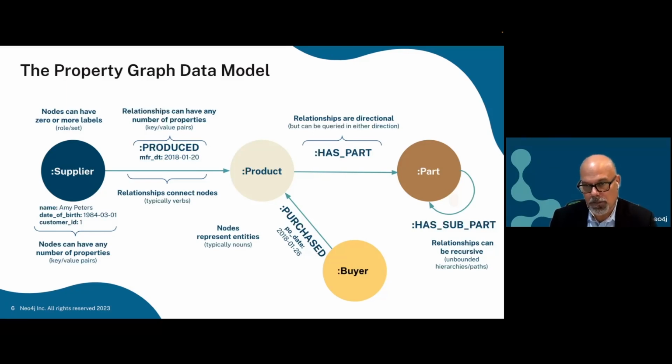The other thing that's interesting about relationships, the way that we depict them, is each one has an ID. It's a first-class data citizen. It's stored on disk and in memory. And in fact, all of the logical possible relationships in a graph are computed and created when you load data into the system.